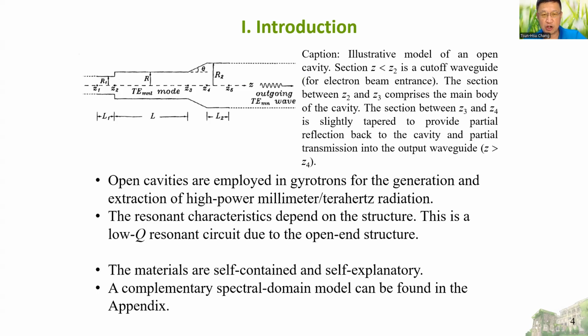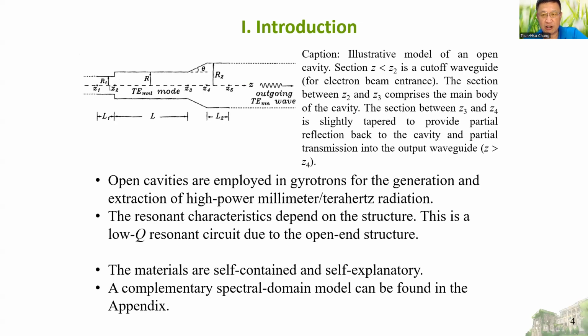This kind of structure is good for generation of high power radiation, such as the interaction structure of a gyrotron, electron-cyclotron maser. Okay, the caption shown here: illustrative model of an open cavity. The section less than Z2 is a cut-off waveguide for the electron beam. So in this section it is cut off.